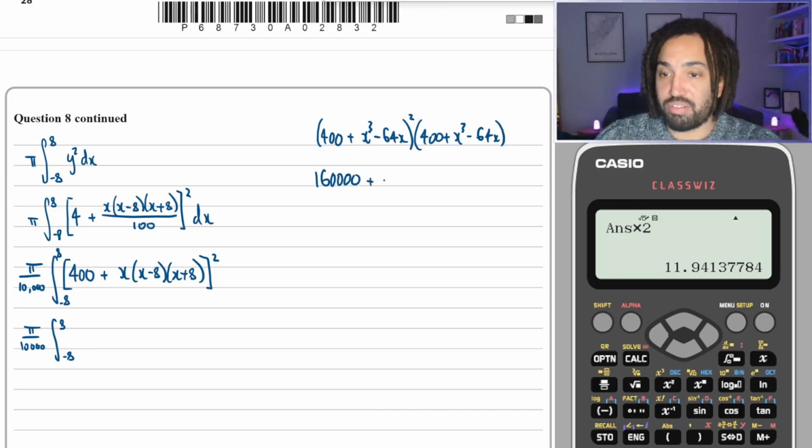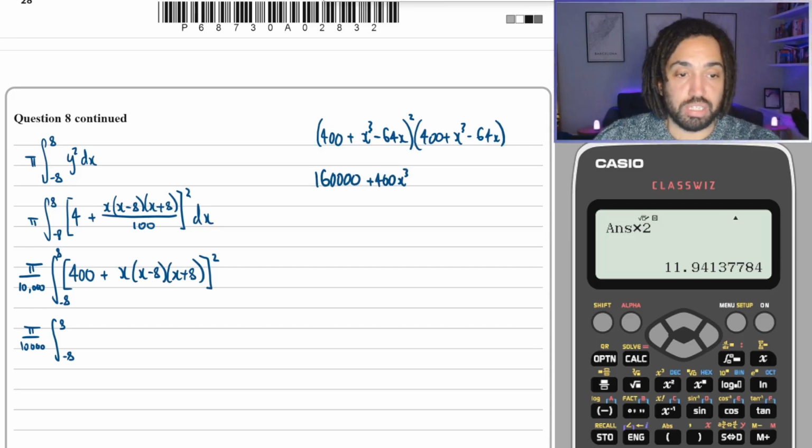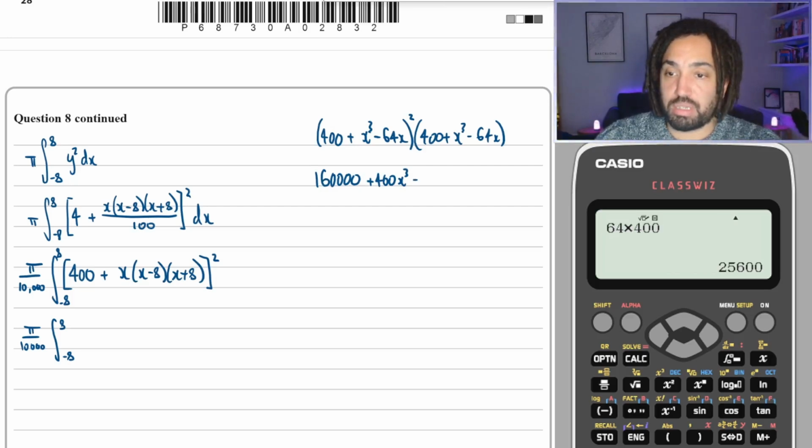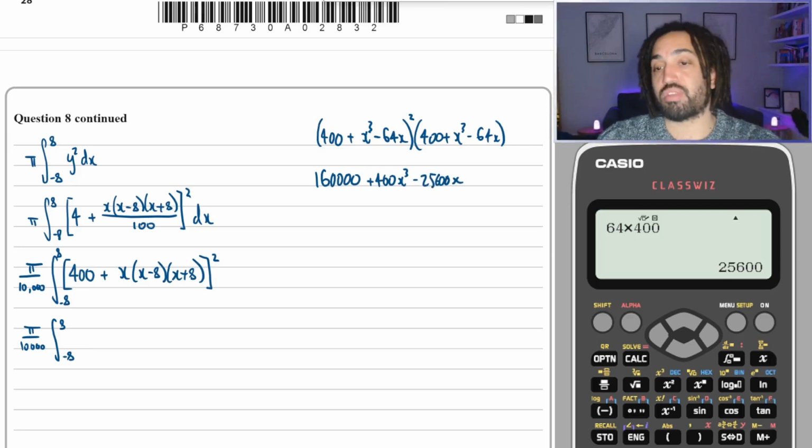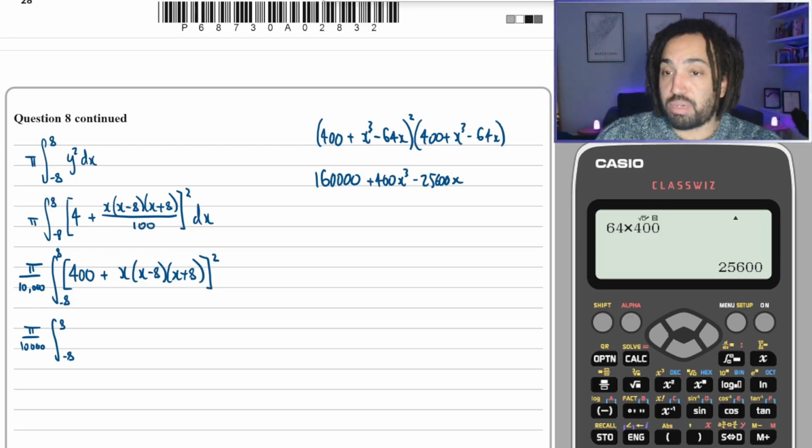And then we're going to have 400 x cubed, and we're going to get 400 times 64, which is, plus, should I say minus 25600x. Okay, now timesing by the x cubed here.